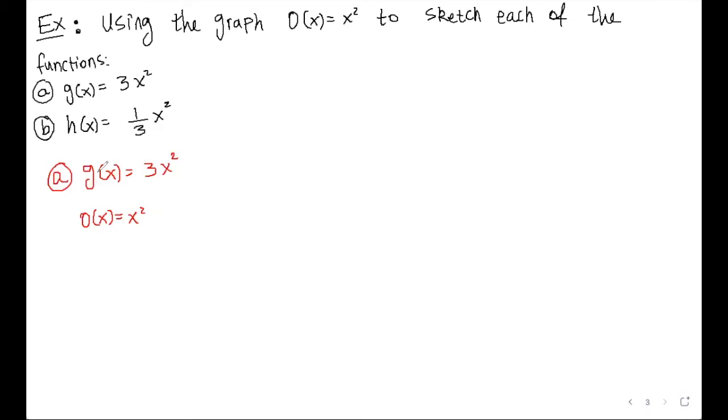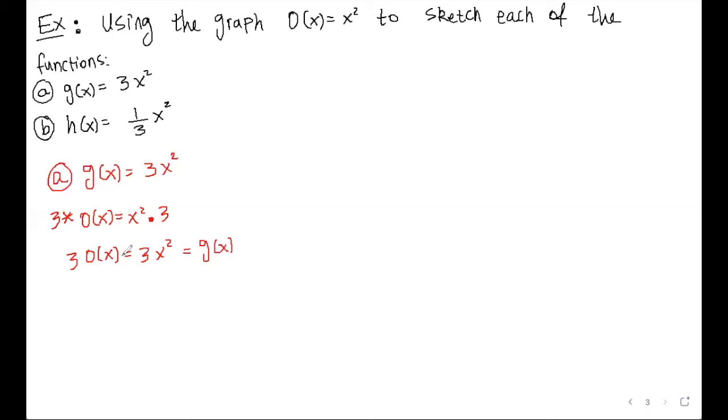To make this function equal to g of x, we multiply both sides by 3, from outside. I get 3 f of x equals 3x squared. This means the 3 is outside the function, not inside the function, and this is equal to g of x.